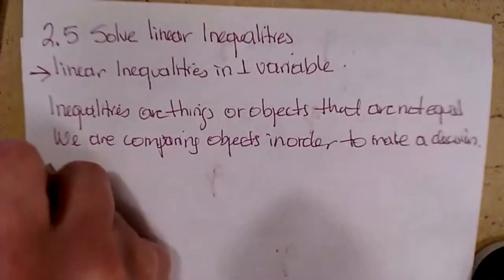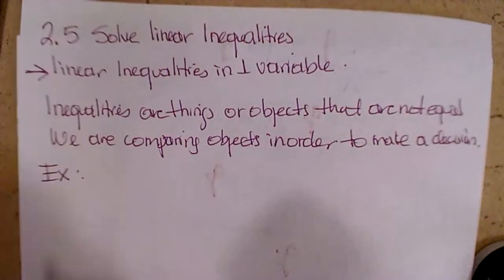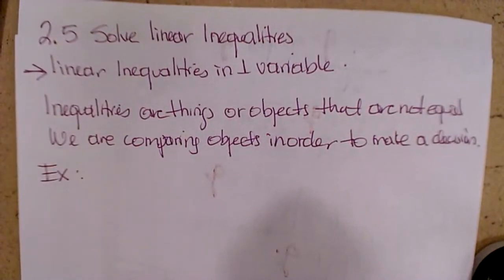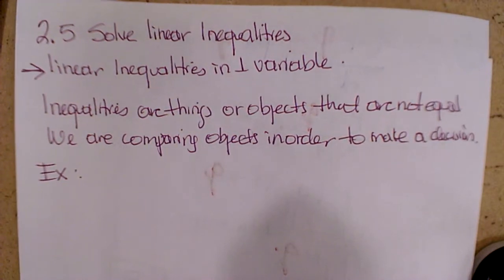So, for example, if I'm going to the grocery store and I want some honey nut Cheerios, I have options, right? I can go for the name brand or the off-brand honey nut scooters.